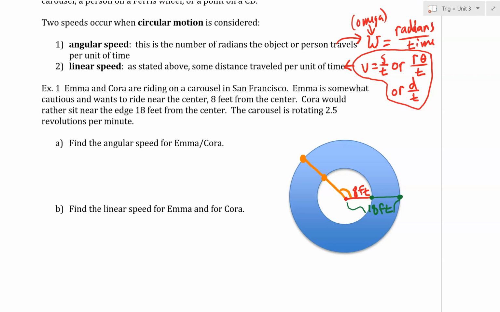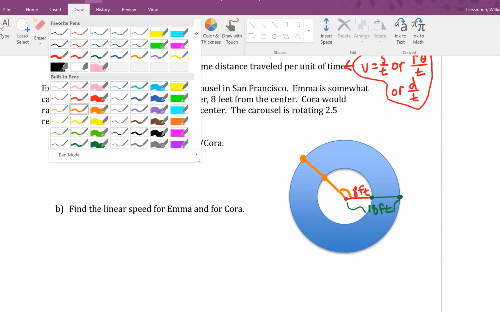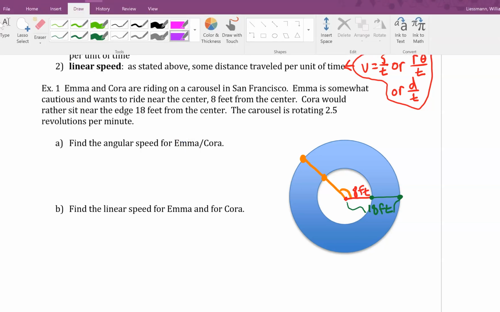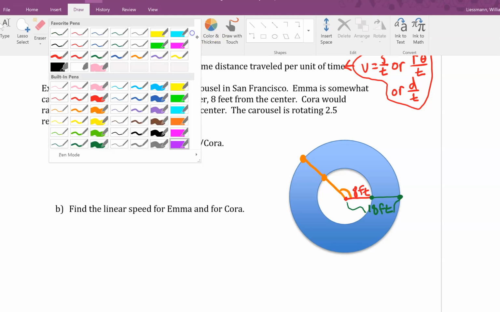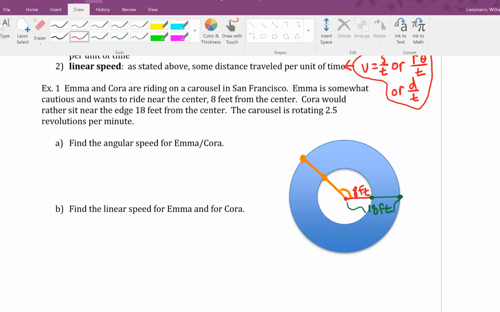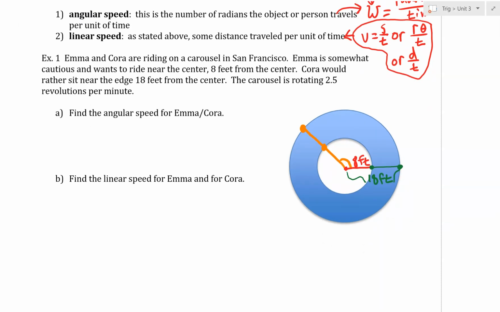So when you talk angular speed, it doesn't matter where you are, you're still traveling that same speed. Hopefully that makes sense to you guys. Let's go up here. Let me find a better pen than this one. Okay. So angular speed is going to be the same for both of these individuals.